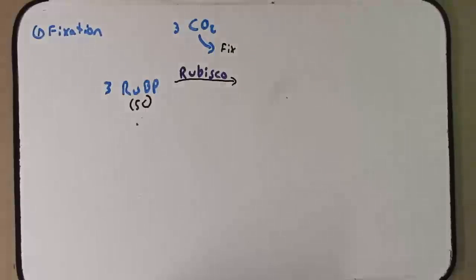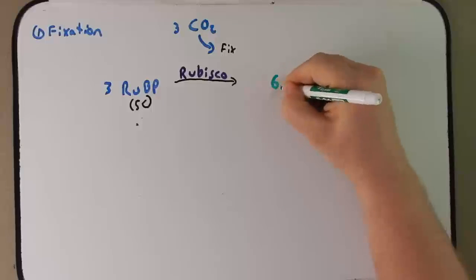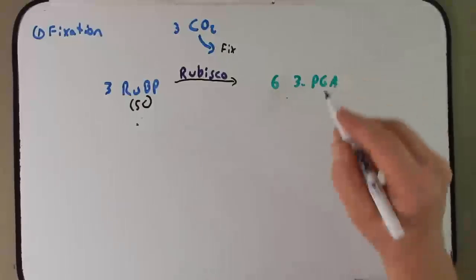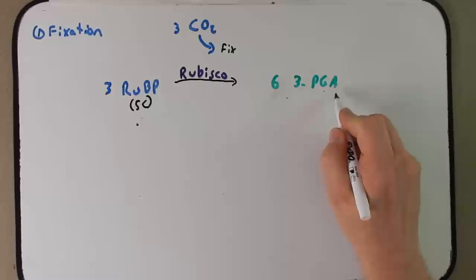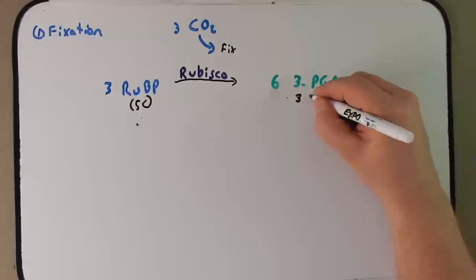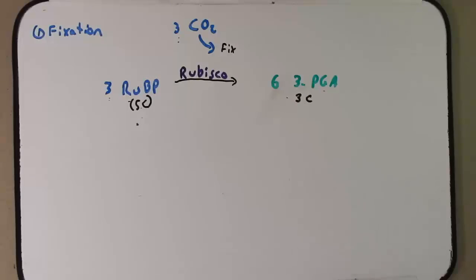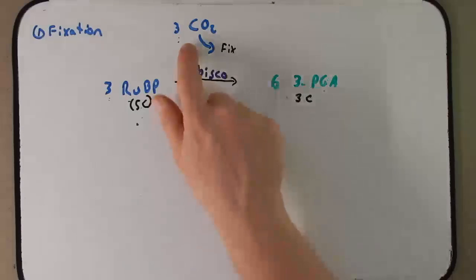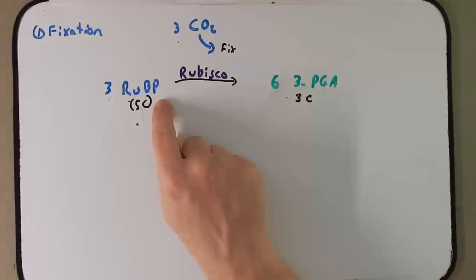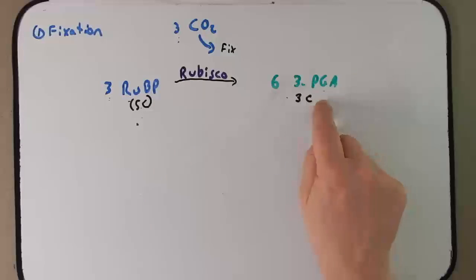And in doing so, it's going to generate 6 3-PGA molecules. Now each of these 3-PGA molecules is composed of 3 carbons. So this ends the first step, the fixation of these carbons from the carbon dioxides to the RuBP molecules to generate PGA molecules.